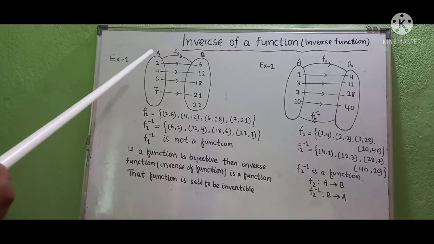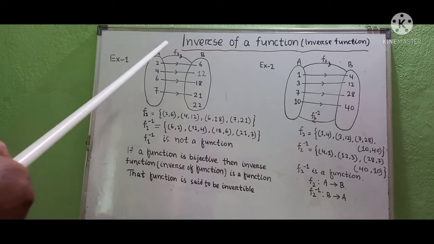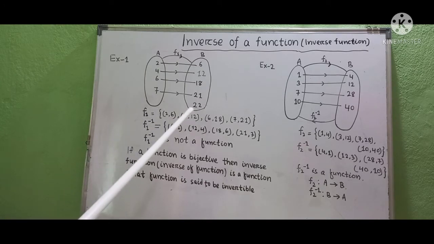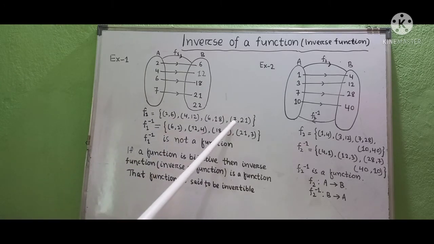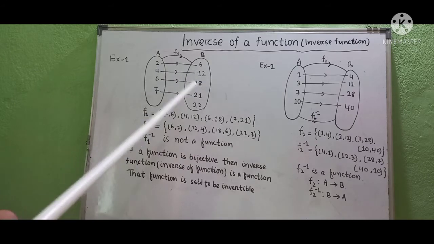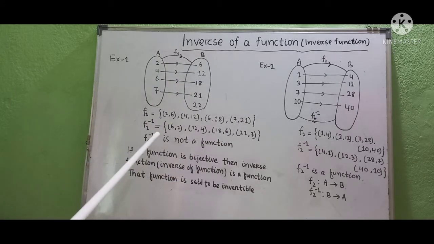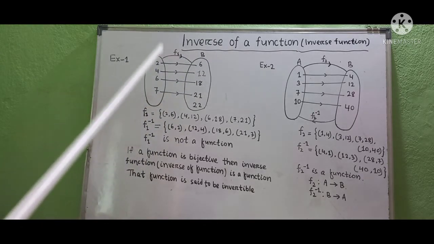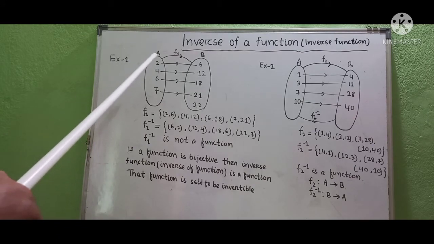You see set A, set B and function f1 from A to B. f1 is equal to {(2, 6), (4, 12), (6, 18), (7, 21)}. f1 inverse is equal to {(6, 2), (12, 4), (18, 6), (21, 7)}. f1 inverse is not a function because for a function, for every element of the first set there is one and only one element in the second set.